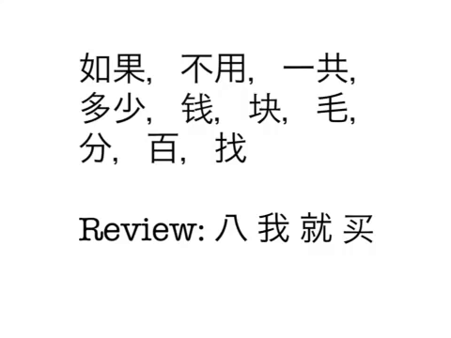Starting with 如果, if. 如果你有钱那你可以给我买东西. 不用谢, we've had this before, 不用客气, don't be so polite. 一共 is a new one. 一共 is all together. 一共多少钱, so we can combine the 一共 here with the 多少 here and the 钱 here. 一共多少钱, 一共5块3毛6分钱.